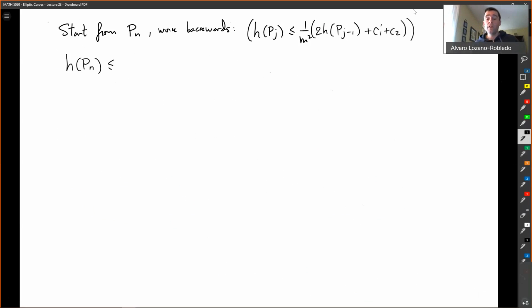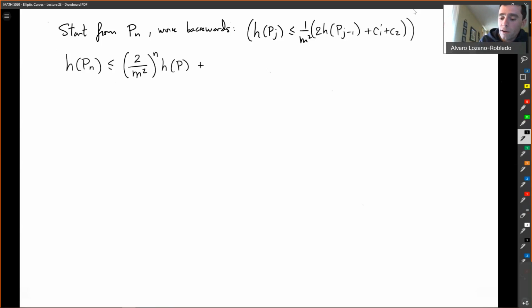If you do that, I'm not going to go through it, but what you get is the constant in front of the height would be 2 over m squared. So you get 2 over m squared times 2 over m squared times 2 over m squared, until you get to P, which is that to the nth power times the height of P, plus, and then what constants do you get in front of C1 prime plus C2?